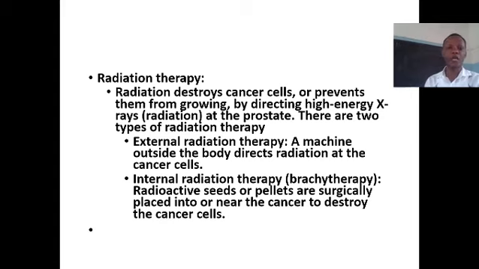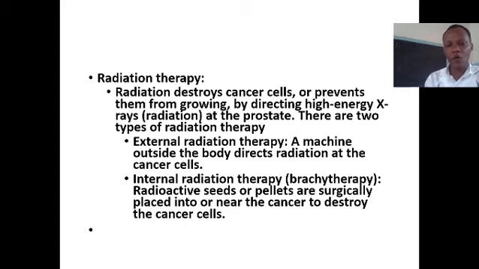There are two types of radiation therapy. Ya kwanza ni external radiation therapy, where a machine outside the body directs the radiation at the cancer cells. Second, internal radiation therapy. Tunaita kitaalam brachytherapy.